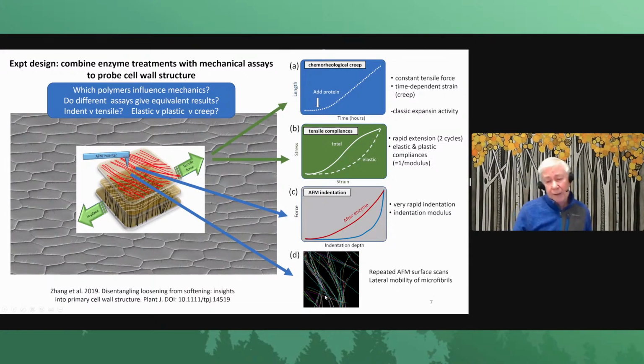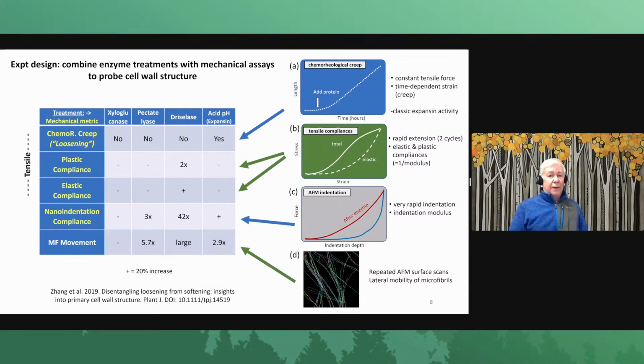And then the fourth assay here is one in which we simply repeatedly scan the cell wall with the AFM, and as we do so, we see between each scan there's some motion of the microfibrils, and we use that lateral motion to get an assessment of the mobility of the microfibrils, and we develop that into a quantitative assay in this paper.